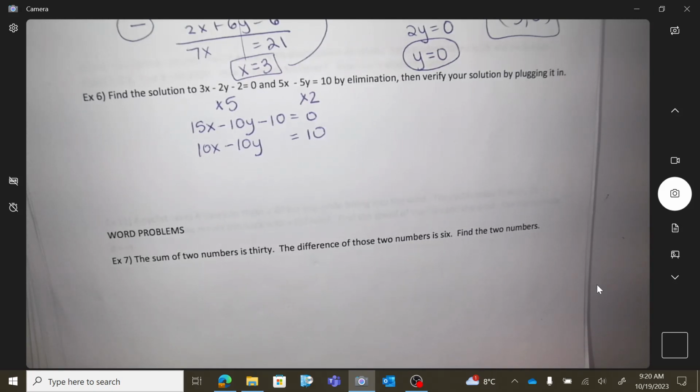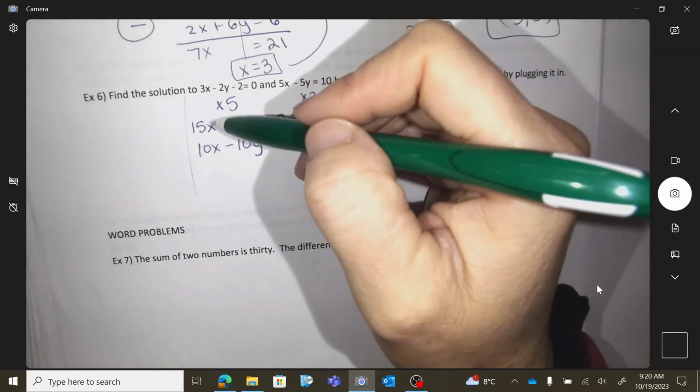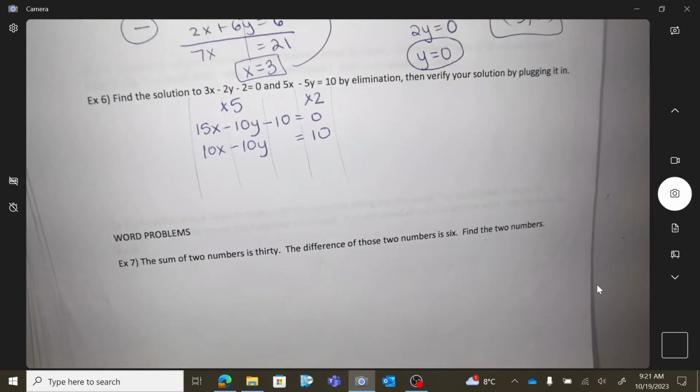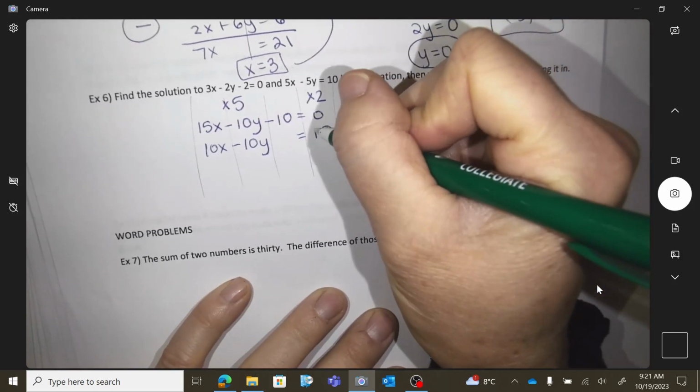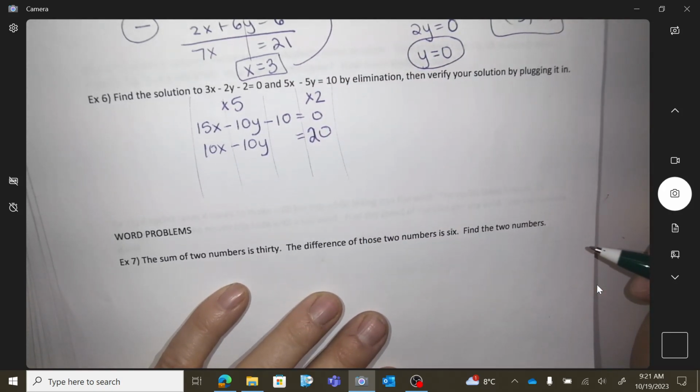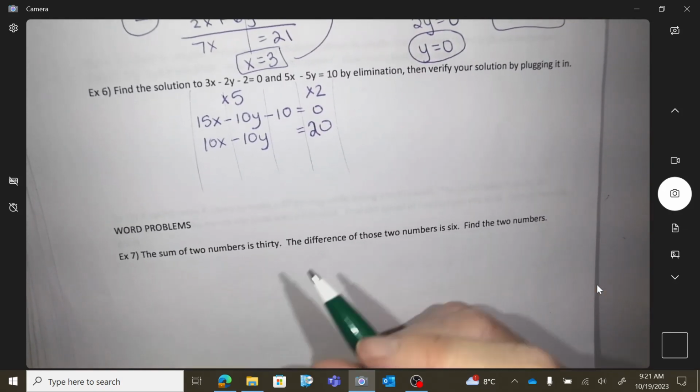Okay, what's my other problem right now? Yeah, these column things aren't lining up. Yeah. You forgot to multiply the 10 by 2. Thank you. See how easy that is? That's a very easy mistake to do. Thank you for catching me.